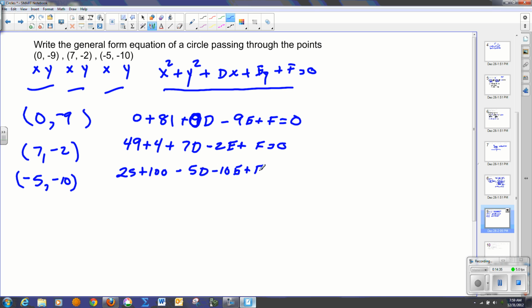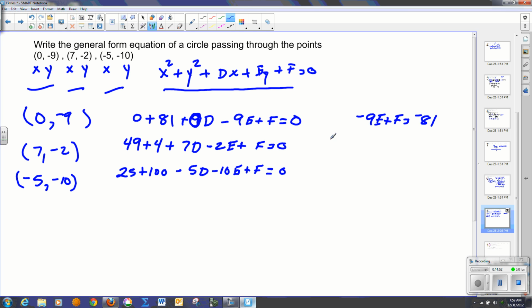plus f equals 0. And if I rewrite all these, then I have -9e plus f is equal to -81.